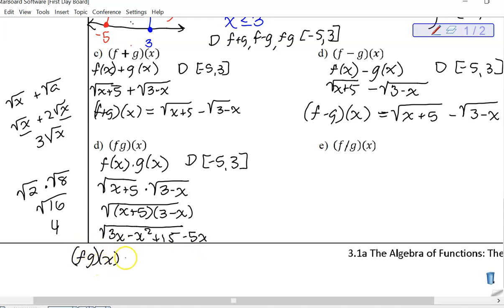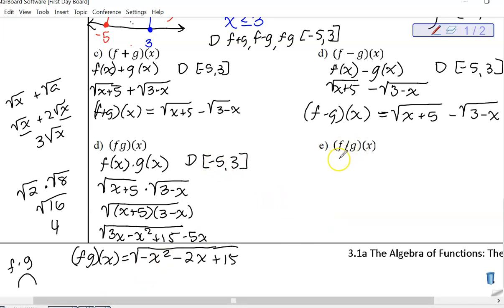The f times g of x is equal to the square root of negative x squared minus 2x plus 15. That's going to give me a semicircle. So here's what I know. The f times g is going to give me a semicircle over our defined domain.